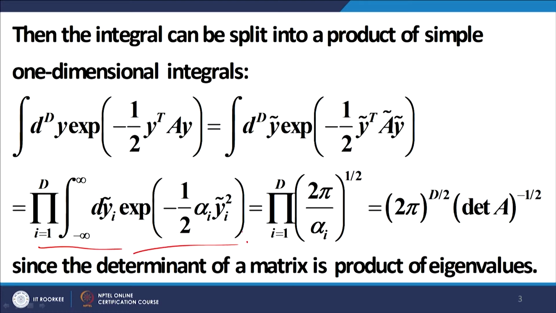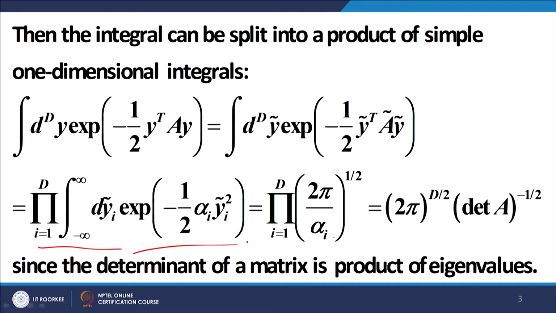Making use of the previous formula for the one dimensional case, we apply that formula here and we end up with the expression here, where for each eigenvalue alpha i we get a factor of alpha i to the power 1 by 2 in the denominator.